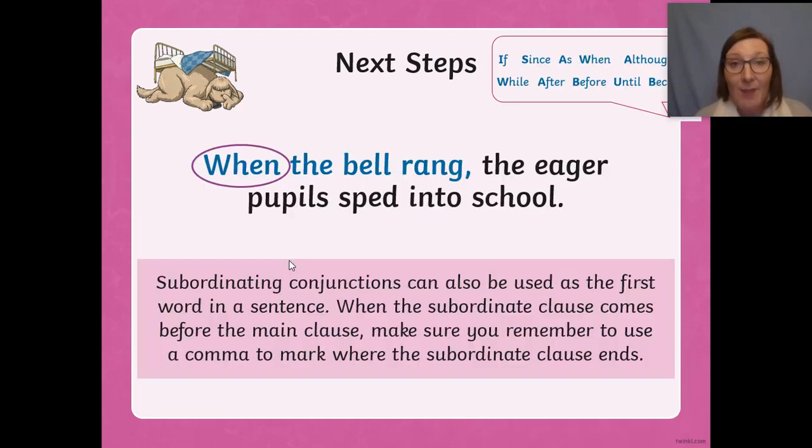So we're going to have a look at a couple of the others now, all right? Subordinating conjunctions can be used as the first word in the sentence, but this is a really good thing to remember. When the subordinating clause comes before the main clause, make sure you remember to use a comma to mark where the subordinating clause ends. That's really, really important, okay?